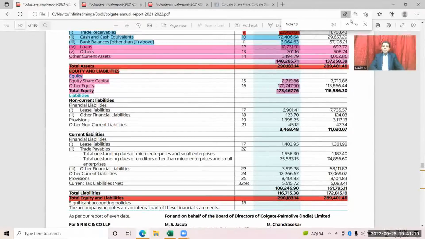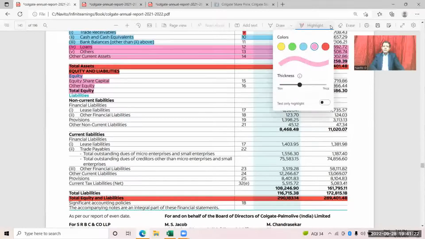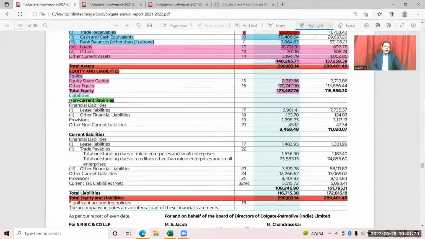So next comes the liability. Liability also has non-current liabilities and current liabilities. Non-current liabilities are what a company has as loans or liabilities towards third-party organizations or institutions, which it is likely to pay out within a period of more than a year.